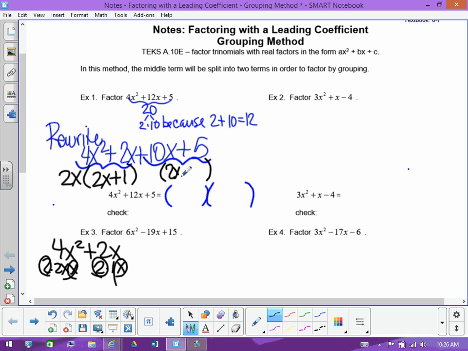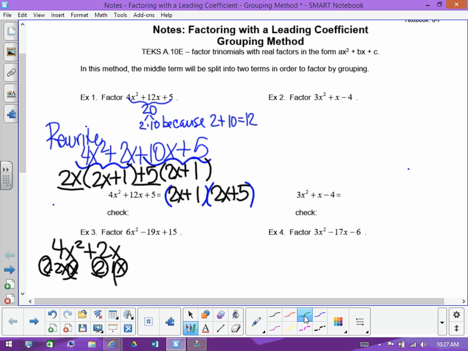This has to be the same thing. What's the largest number that goes into 2 and 5? 5. So I'm going to bring it out front. So my answer is, what's in parentheses? 2x plus 1. And the part that's not in parentheses, 2x plus 5.